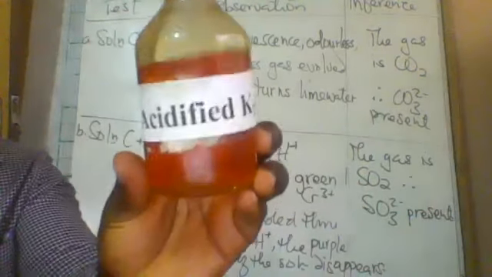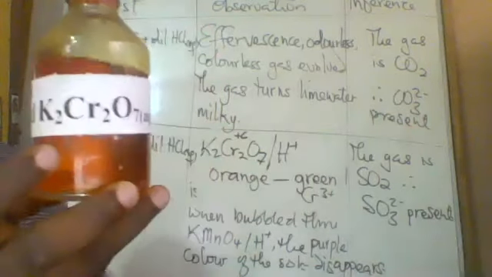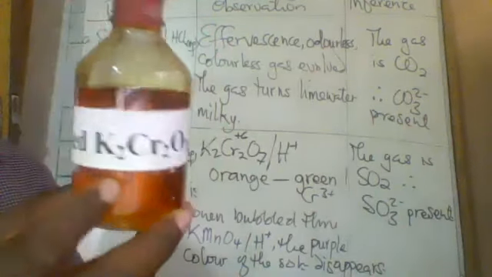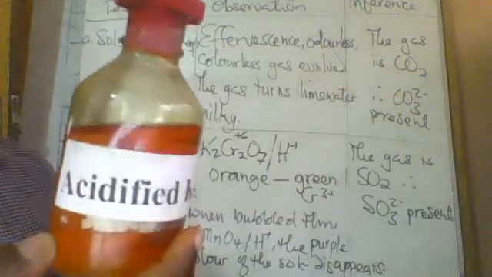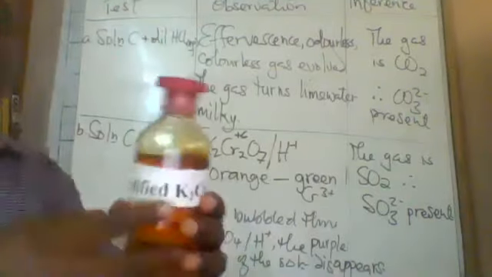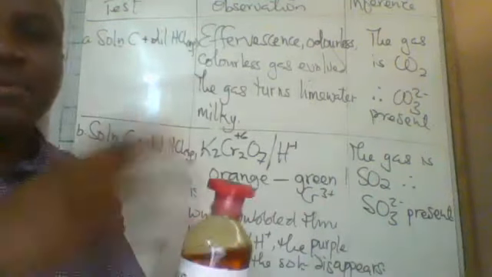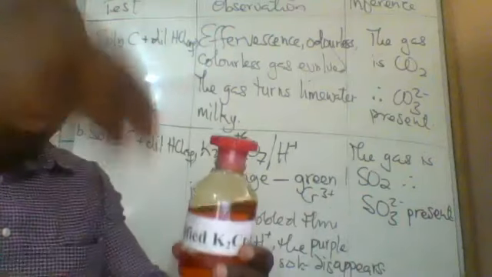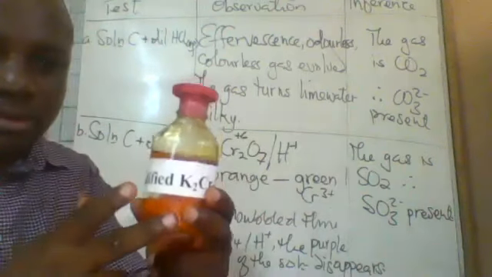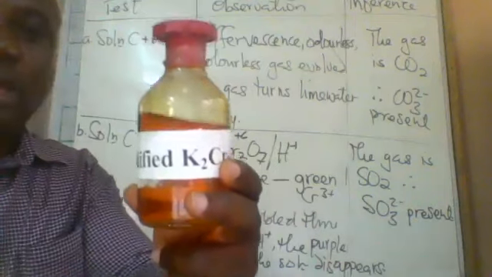This acidified potassium dichromate solution, we added sulfuric acid to it. That's all. It is orange in color. When you bubble the SO2 gas through it, any reducing agent, when you add it to this substance, the orange color you are seeing will turn to green.